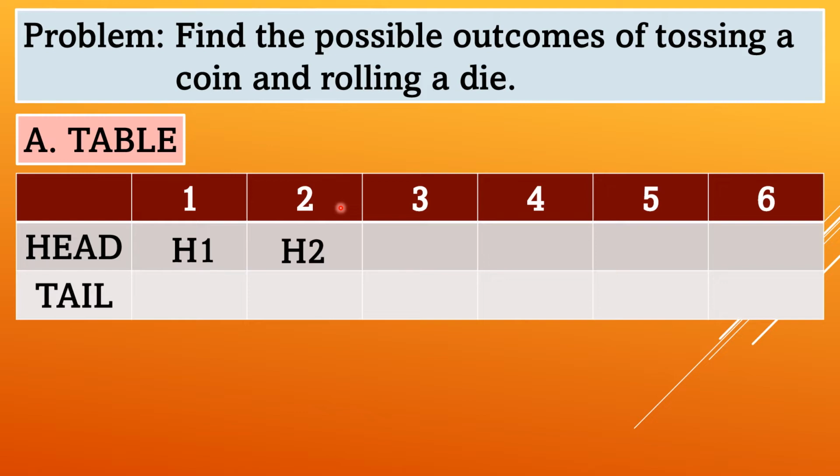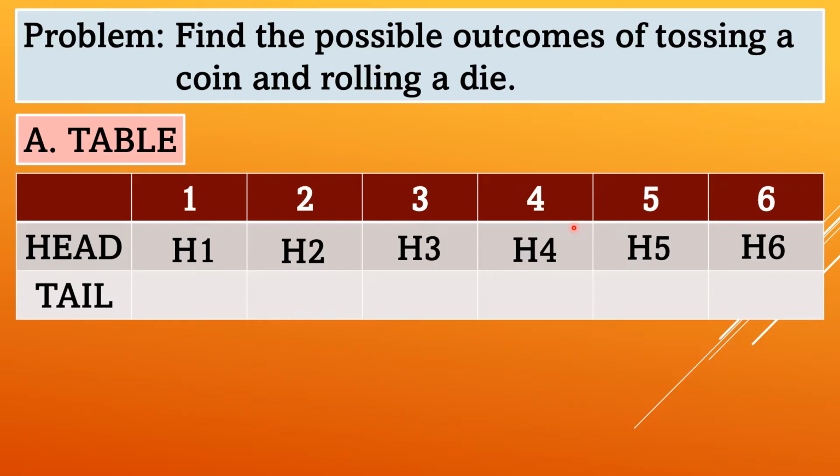So we have H2 or head 2. If we are going to try again, the next possible outcome will be head and 3. Next will be head and 4. Head and 5. Head and 6.